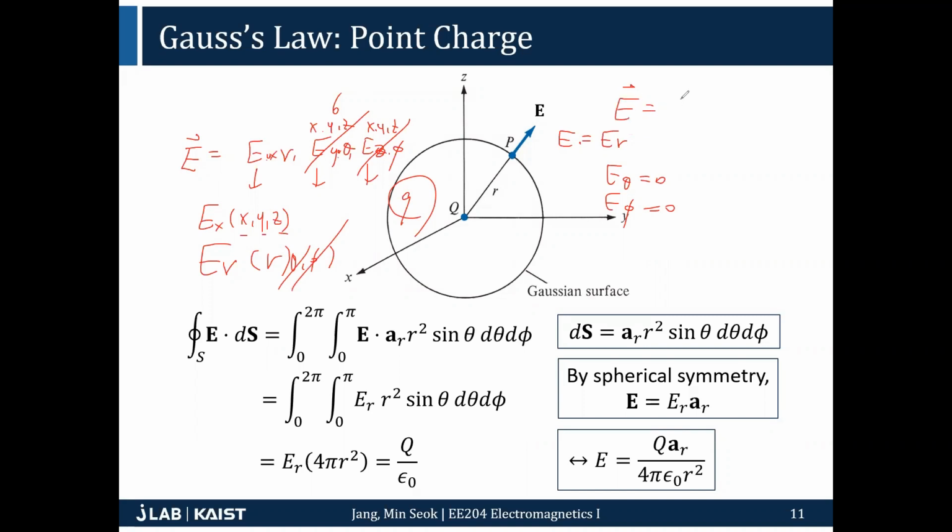The only possibility left is E, which is ER as a function of R, AR. Extremely simple function. And then we apply Gauss' law, right?